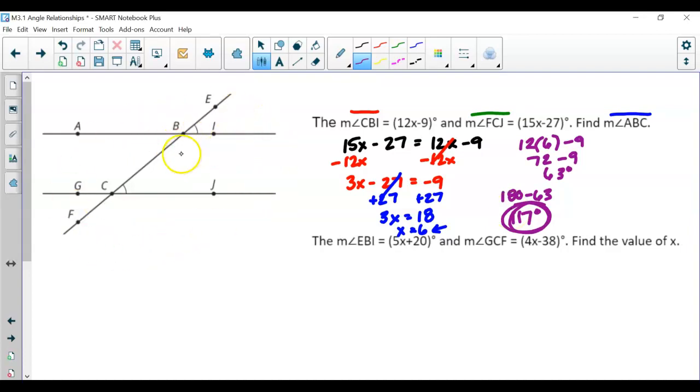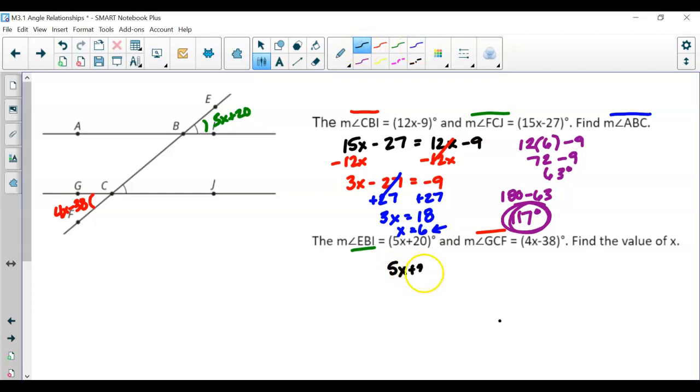Then the next one with your labeling. EBI, which is here, 5x plus 20. Then GCF, which is here, 4x minus 38. We're just finding the value of x. So again, what is the relationship here? They're alternate exterior, which means they are also congruent or equal to each other.